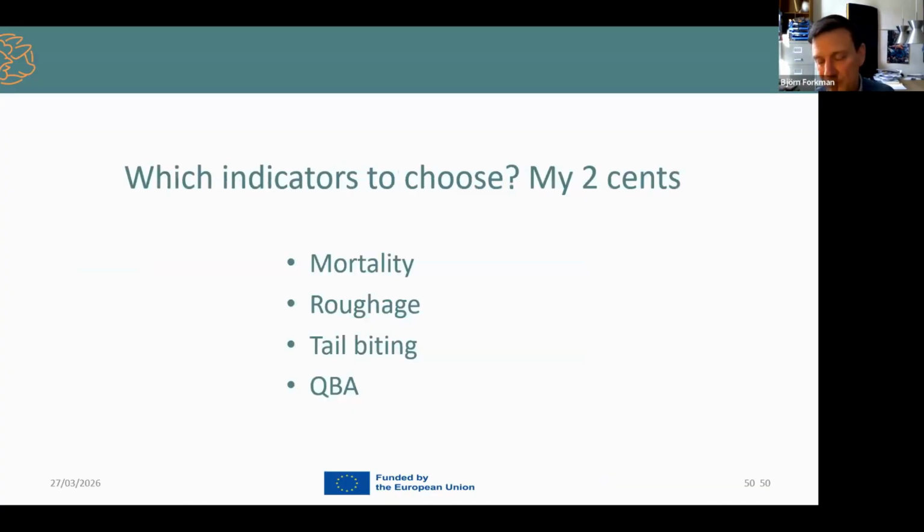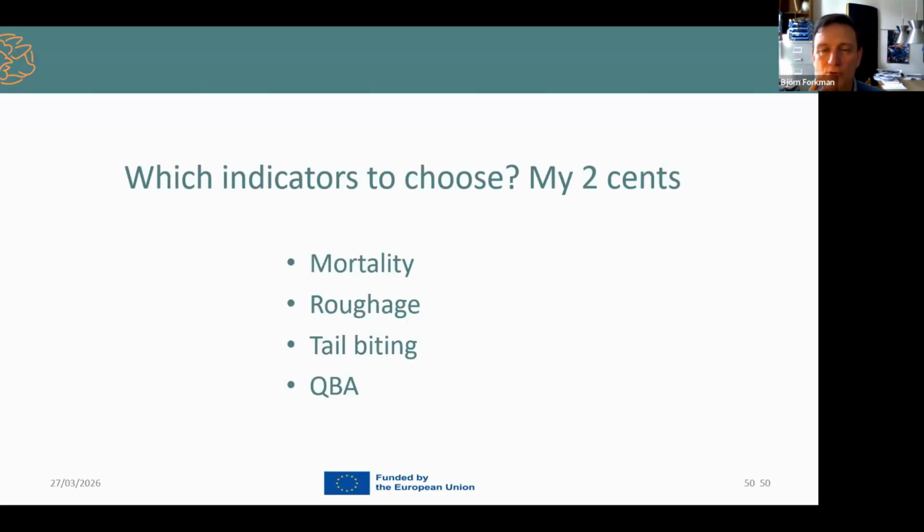So now I have talked a lot about different measures, different indicators. Let me just finish by saying, all right, if you were to use as few indicators as possible to capture animal welfare when you get into the stable, which indicators would you use?